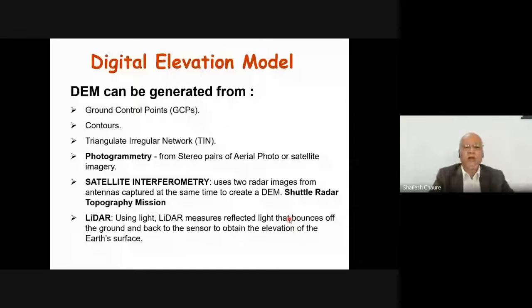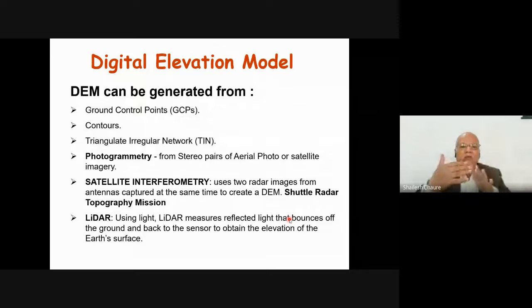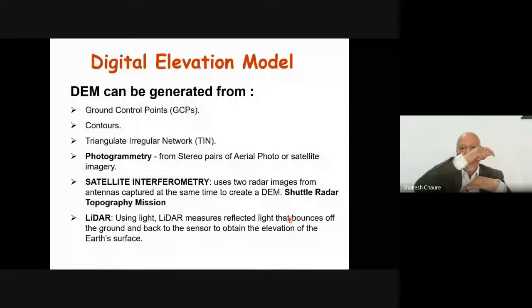From that contour, you can calculate a triangular irregular network, which is again a vector kind of data. You divide the surface into smaller triangles, and depending on the slope, the orientation of the triangle will change. So your surface will appear as triangles of different orientations. Even from that, we can compute a surface where you move from one corner to another corner of the map and compute the elevation like you do in contours.